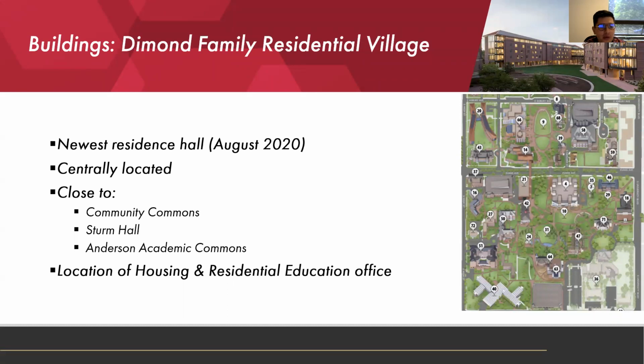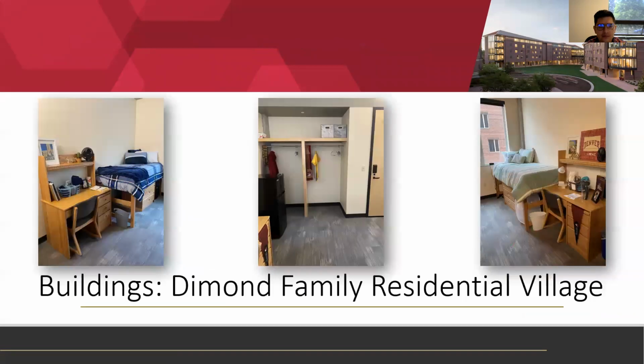This is also the location of our Housing and Residential Education office here, as well as the office for honors, the Living Learning Community offices, as well as the Pioneer Leadership Team program offices located here in the DeMond Family Residential Village.